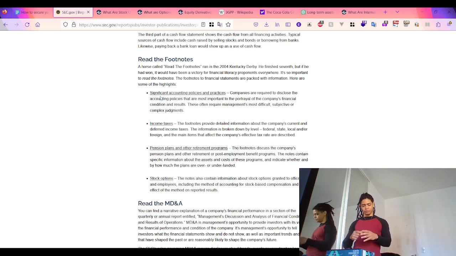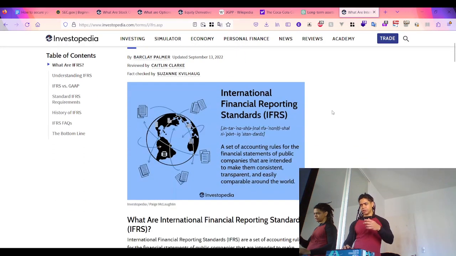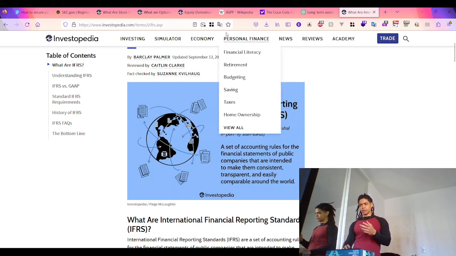The whole idea for multinational corporations is to set a standard for financial reports so companies can put this information out, which makes them transparent, consistent, and easily comparable around the world.